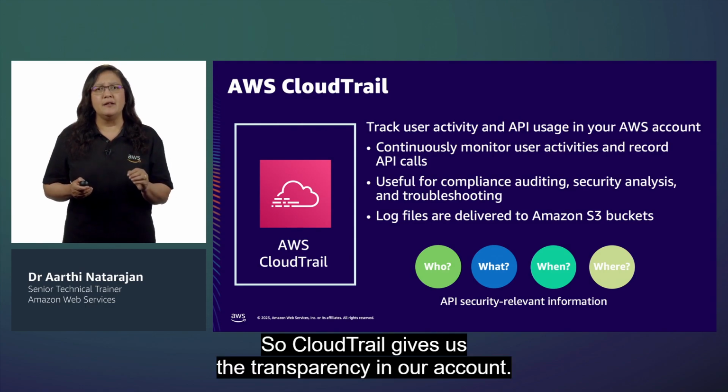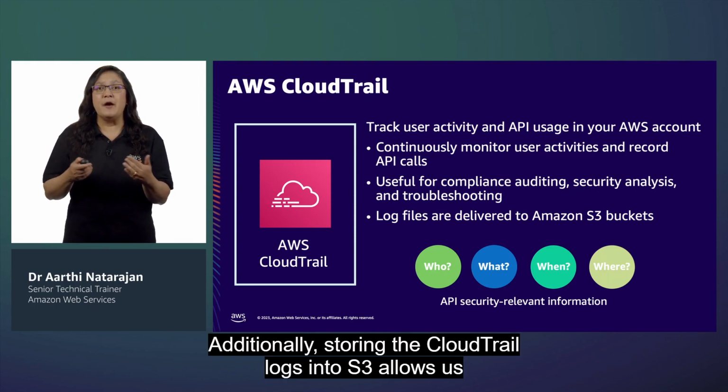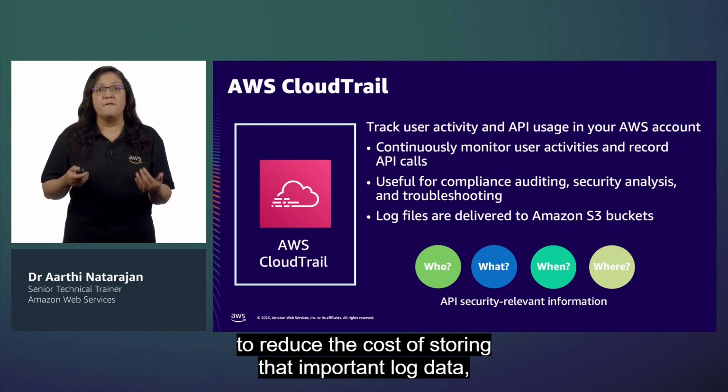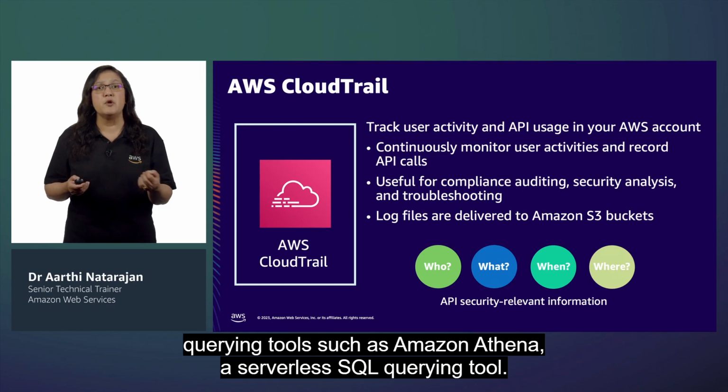So CloudTrail gives us the transparency in our account. Additionally, storing the CloudTrail logs into S3 allows us to reduce the cost of storing that important log data and also grants us the ability to use various querying tools such as Amazon Athena, a serverless SQL querying tool.